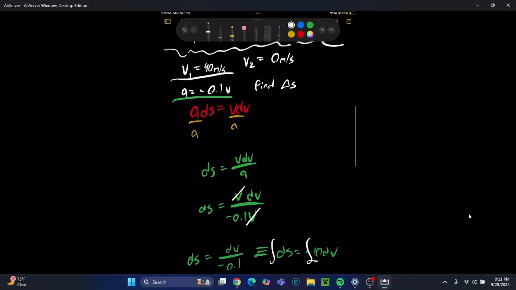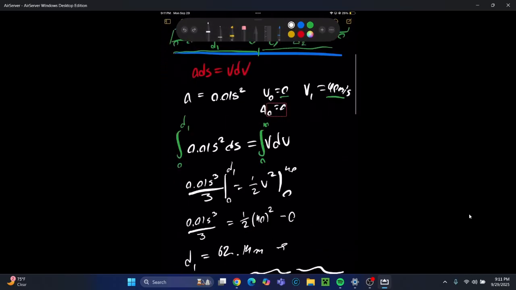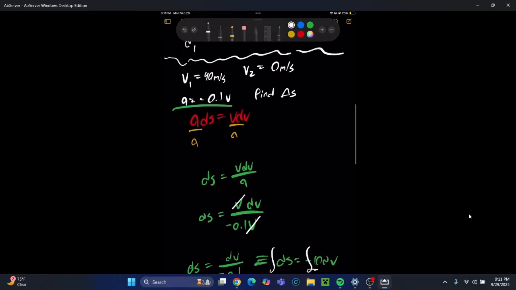So our initial values, instead of being 0, are now some value greater than 0, right? And our deceleration is not in terms of s, it's in terms of v. So we have to manipulate this equation because we'd have v ds, then we end up with vs, and that gets nightmarish. So please don't.